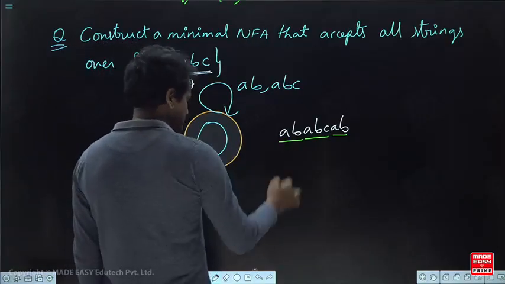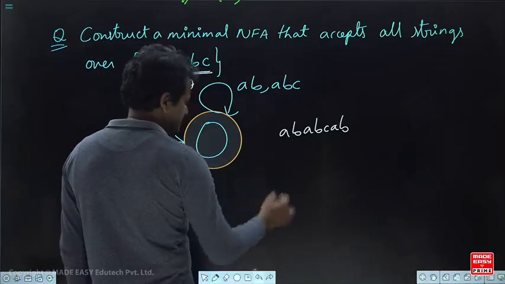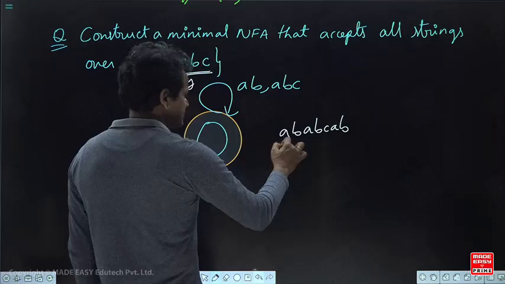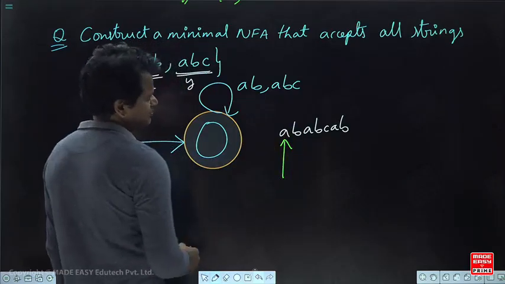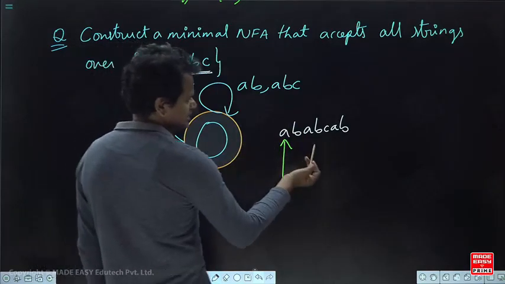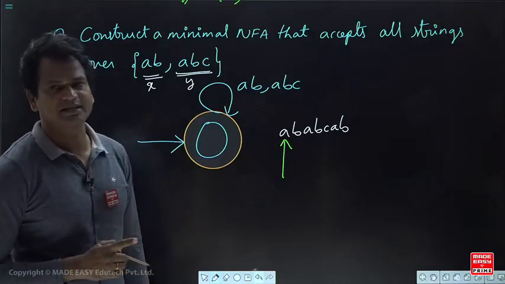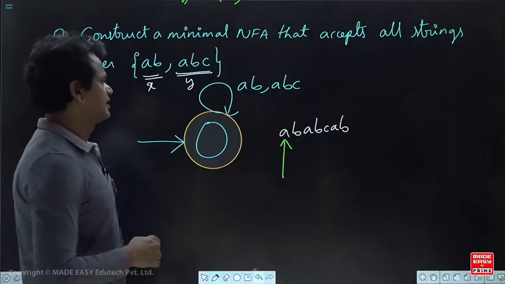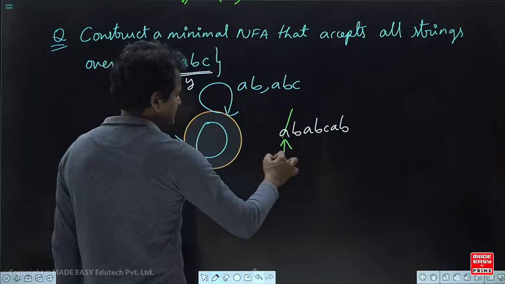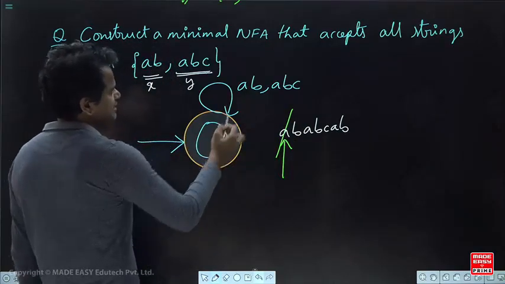If I give this string to the machine, the machine scans the input string one symbol at a time. So here A comes, where do I go?